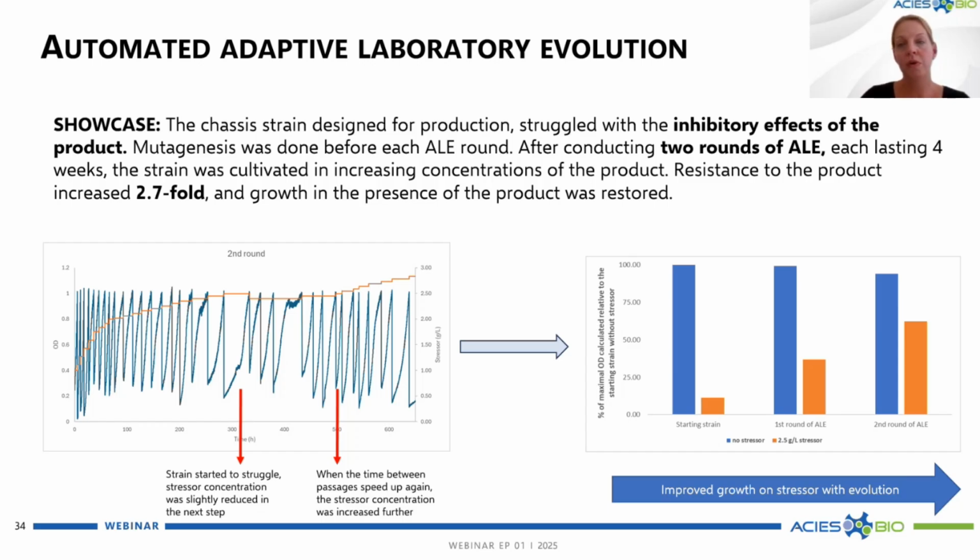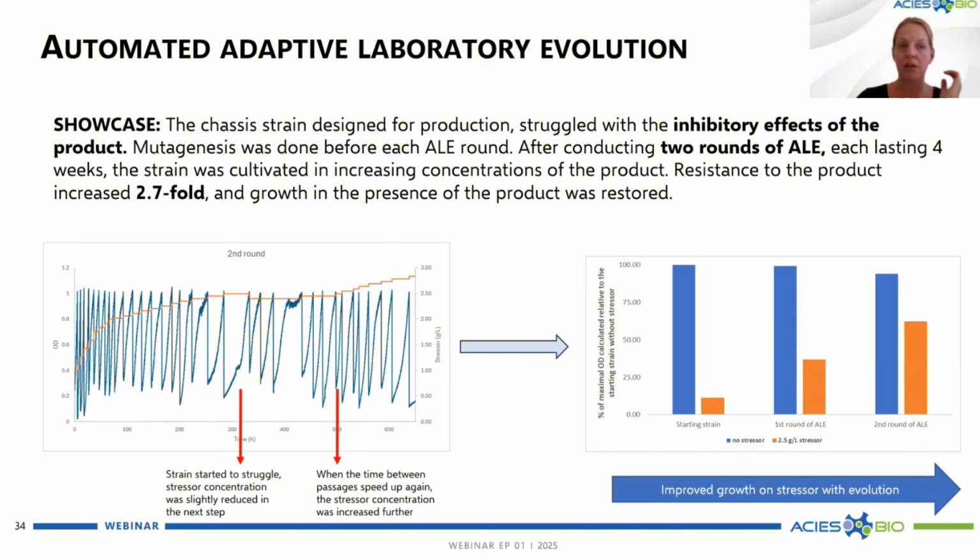We usually don't want an ALE round to run for a really long time. We usually have an ALE round for, I don't know, 4 or 5 weeks, and then see the progress, and then do a new round, maybe introduce a new mutagenesis and start. You don't have to start from the beginning, but from an already partially evolved strain, and you get higher. So in this case, we had 2 ALE rounds.